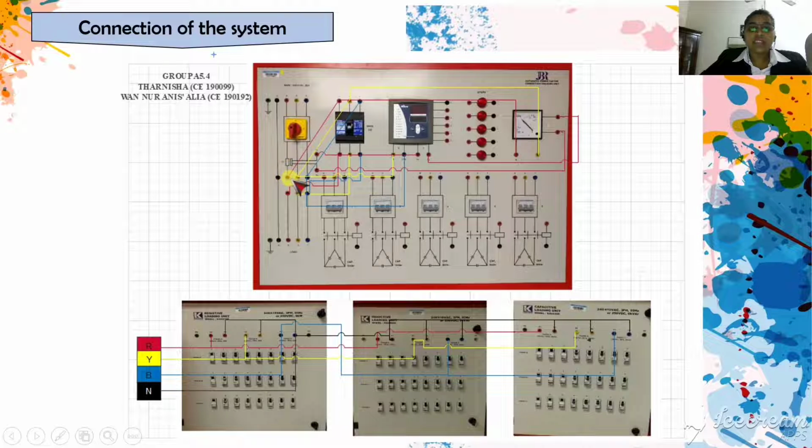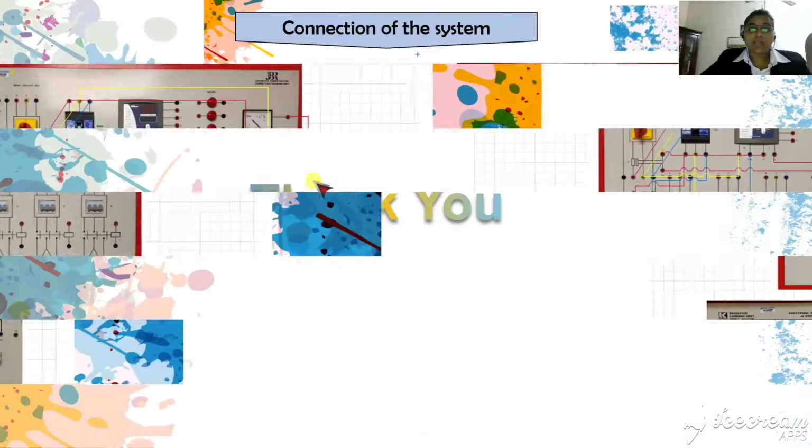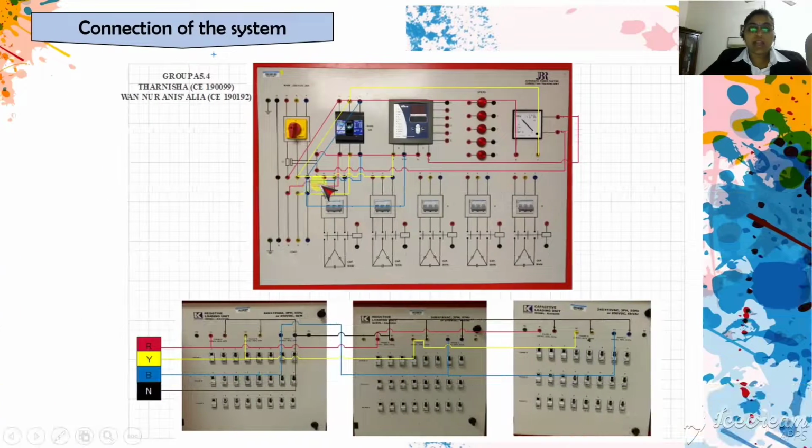So we have a 3-phase system, which is R, Y, and B. Firstly, 3 phases of RYB is connected to the main circuit breaker. Next, from the main circuit breaker, the yellow phase and red phase will be connected to the analog measurement unit.